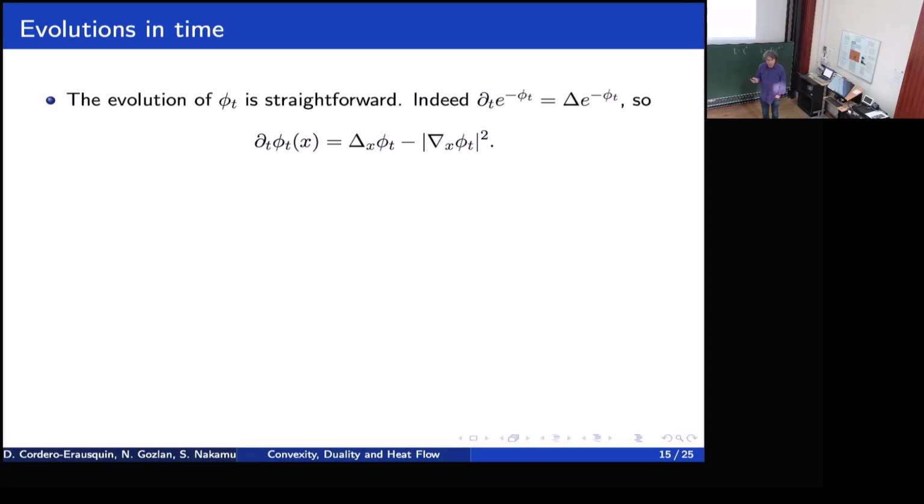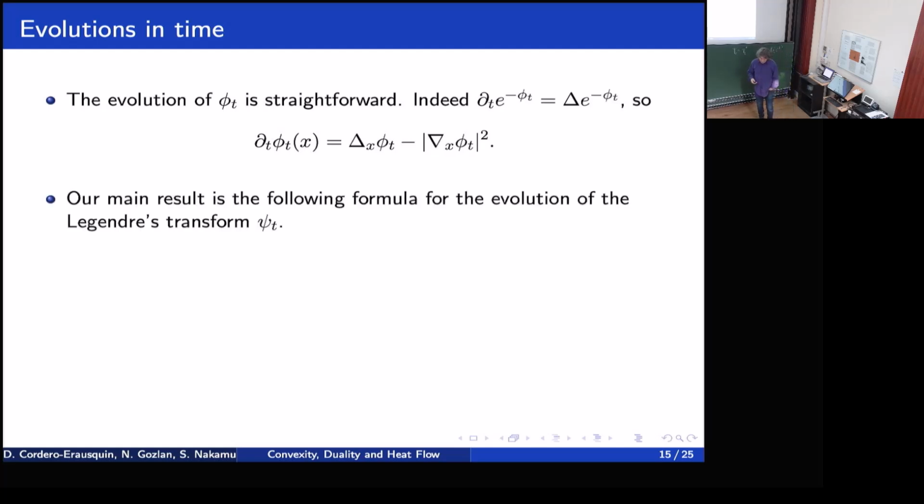Maybe sometimes called Hamilton-Jacobi-Bellman equation, I'm not sure. Okay, you just compute. So this is okay for phi_t. Maybe you can prove by a maximum principle too that this preserves convexity. I don't know, I haven't. So this equation preserves convexity.